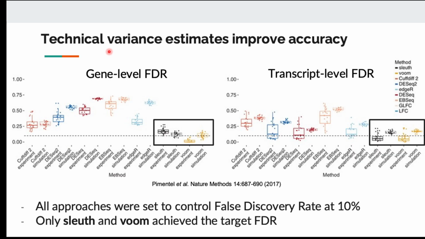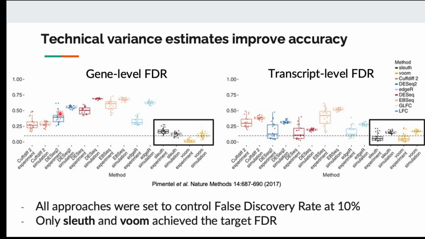So just to show you that with this new approach where we can do bootstrapping and we can have a better handle of the technical variance, there is some implication when you analyze the data. So this is the paper that came out with the new tools. They compare their approach with other differential expression software. So the seq tool is somewhere here in blue.